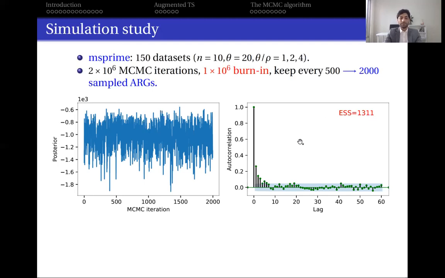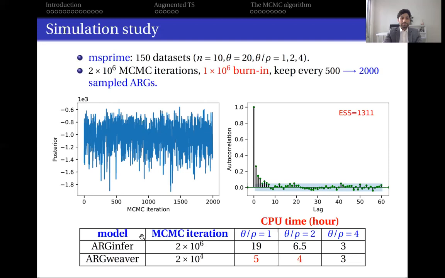Now we are confident that the sample we got is valid for inference, and we proceed with the inference. I've also applied ARGweaver to all these 150 datasets, and here the CPU time is reported.